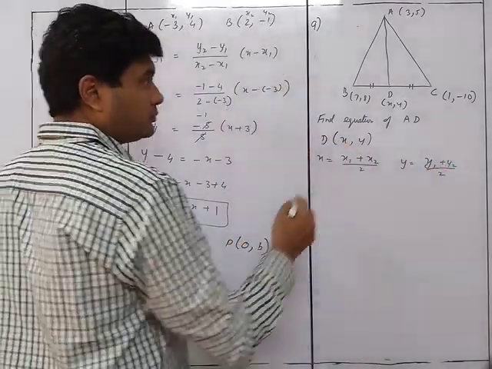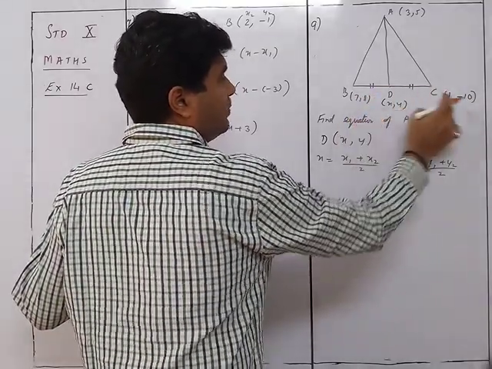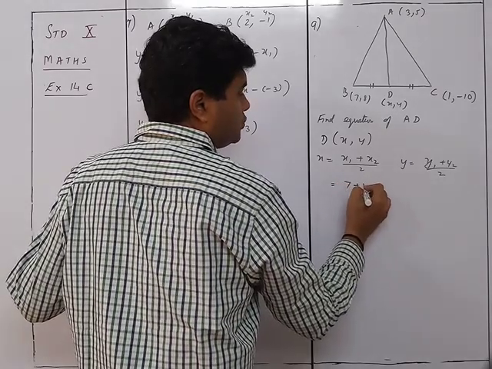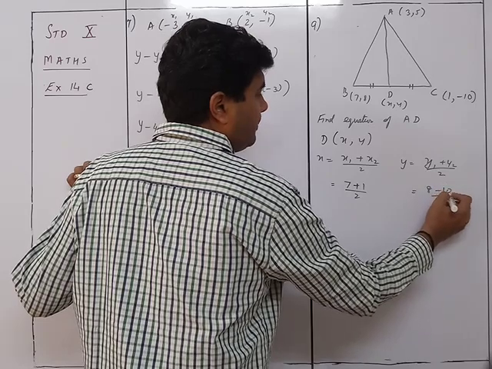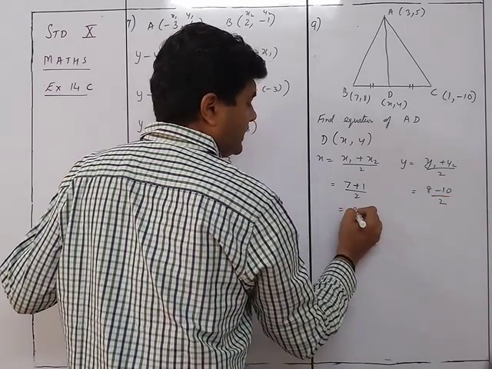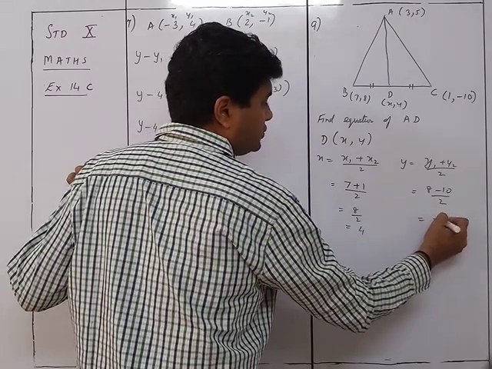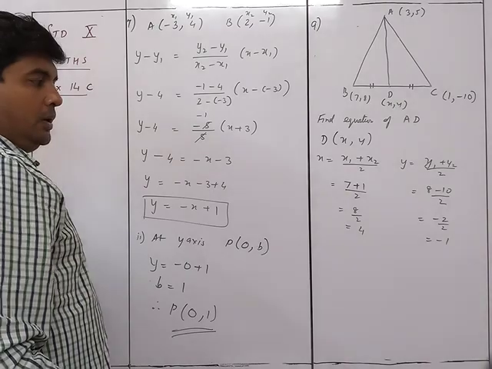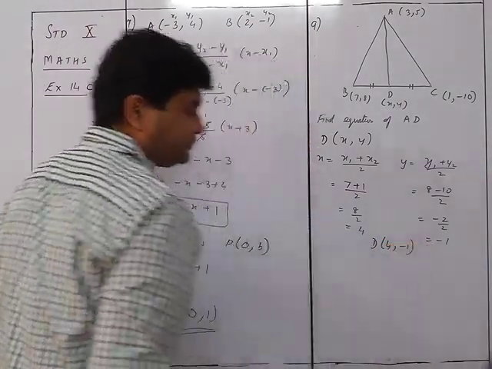So that's going to be (7 plus 1) upon 2, and (8 minus 10) upon 2. That's 8 upon 2, which is equal to 4, and minus 2 upon 2, which is equal to minus 1. So you get D as (4, -1).